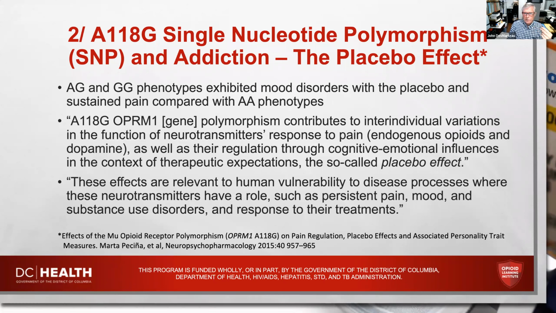And they had sustained pain with the hypertonic saline they used to create the pain. So the conclusion, and remember, these were healthy people, they weren't addicts, was that yes, this single nucleotide polymorphism does contribute potentially to a personality, as it were, that could easily become addicted.